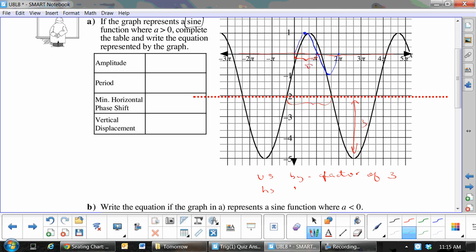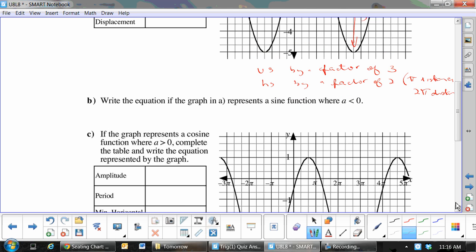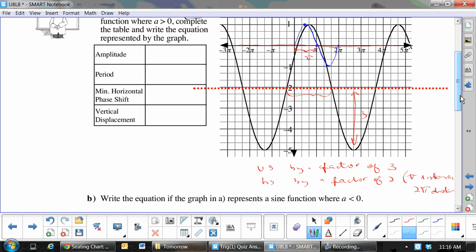So horizontal stretch by a factor of 2. Why? Because pi distance went to 2 pi distance, right? You could have done the whole thing. Well, it was 2 pi, went to 4 pi. You know, just the first part of the period.